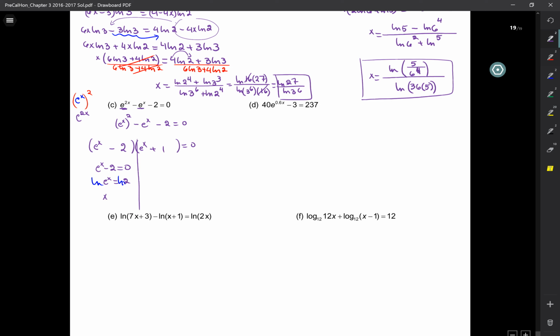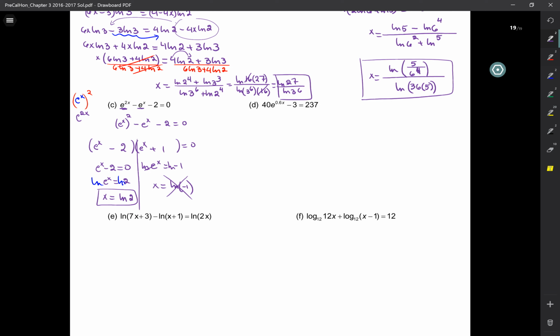So I have x equals ln of 2. Well, what about this one? e to the x equals -1. Well, if you take the ln of both sides here, you end with x equals ln of -1. And what is ln of -1? No solution. So the only answer is ln of 2.